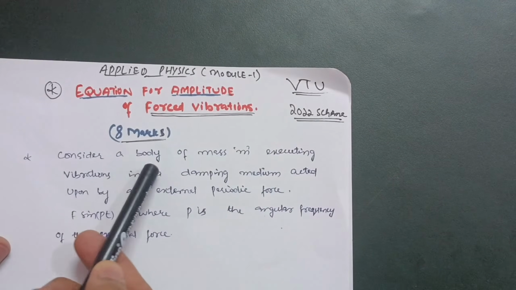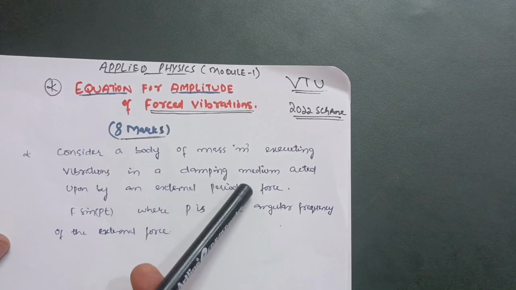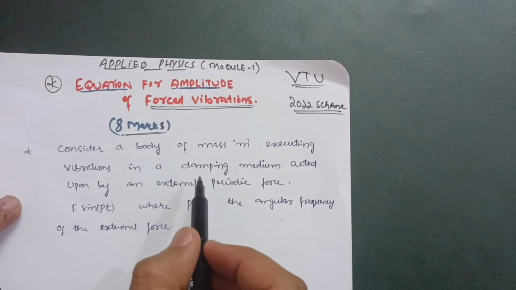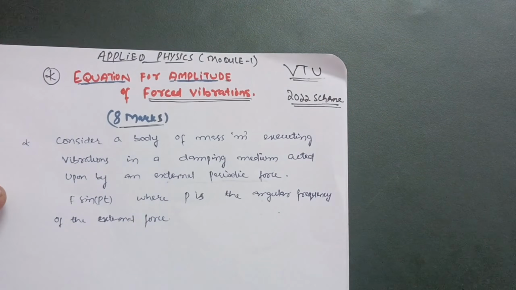Okay, so consider a body of mass m executing vibrations in a damping medium acted upon by an external periodic force. So you are externally giving it a periodic force, by which it continuously vibrates in the system.